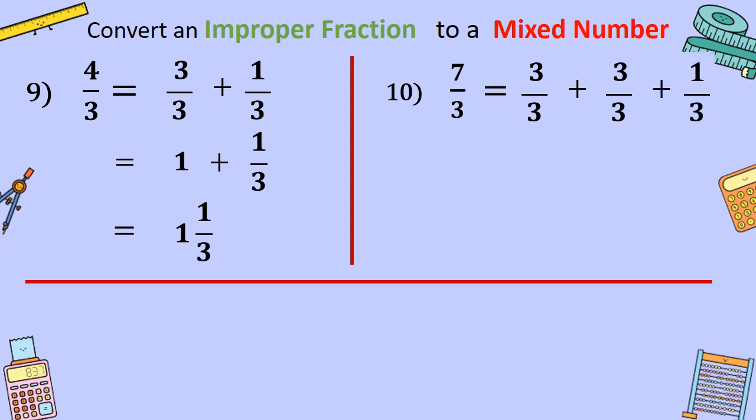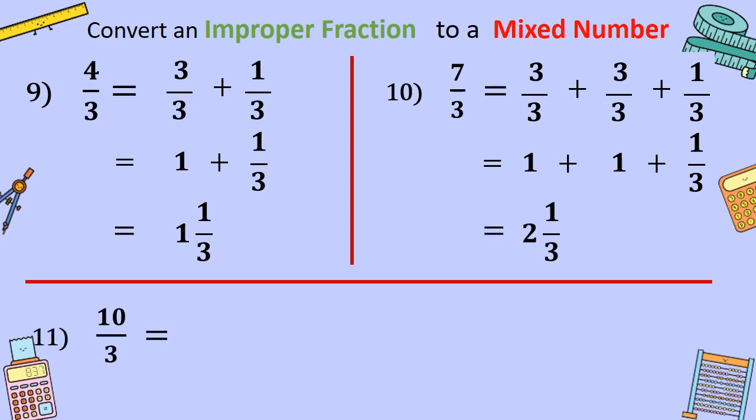So we add 1 by 3, and if we add them together we'll get 3 by 3 plus 3 by 3 plus 1 by 3. That will make it 7 by 3. Now as we did in the previous example, we will replace 3 by 3 with 1, 3 by 3 with 1, and 1 by 3 keep it as it is. Adding them together will give us 2 1 by 3.